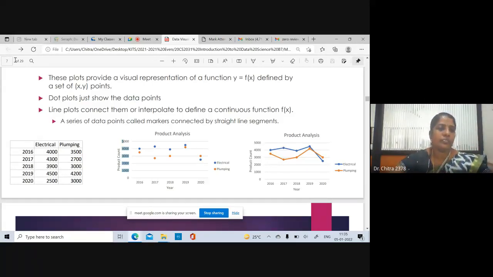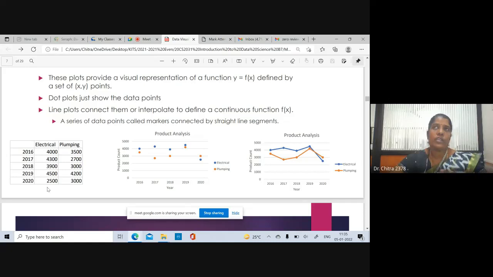For example, you check the table, the data varies from 2500 to 4000. So you take the range appropriately, 2500 to 4000 in thousands. So I am drawing it from 1000 to 5000 or 1000 to 6000 within the range, so it's easy for me to identify the gap and visualize it easily.